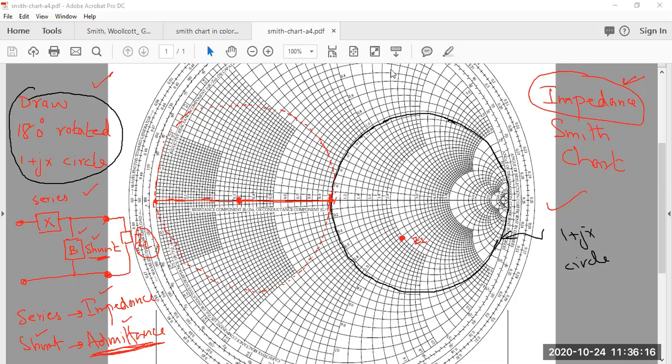As I'm drawing it manually, my line will not be that straight, but with the help of a scale, you must draw a straight line by first connecting this ZL to the center of this Smith chart somewhere over here, and then extend this line on the other side. You need to make sure that you measure this distance. So if this is, let's say, 2 centimeter, then you need to extend this line up to 2 centimeter.